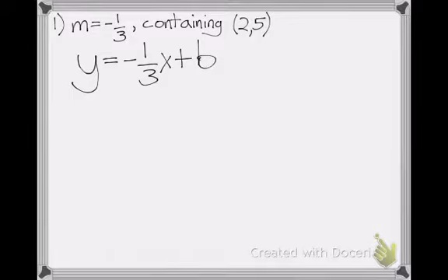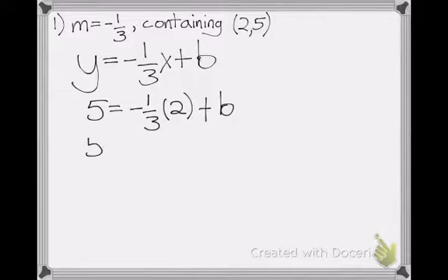First of all, I'm going to plug 5 in for y and 2 in for x, and that's going to give us 5 equals minus 1/3 times 2, which as usual I'm going to put in parentheses, plus this unknown quantity b. So what we end up with is 5 equals minus 2/3 plus b. We're going to solve for b by adding 2/3 to both sides of the equation, and what we end up with is 5 plus 2/3 equals b.